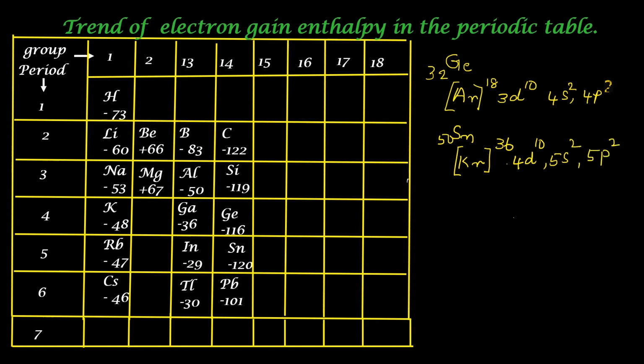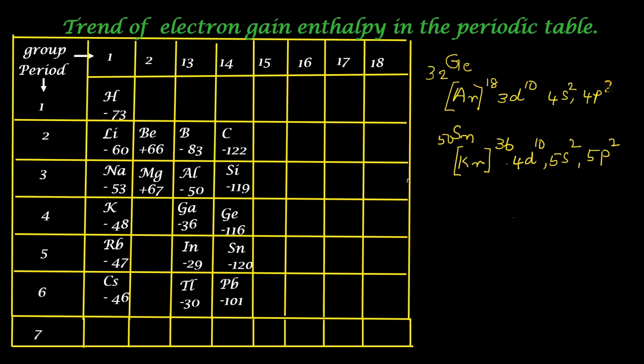Both of them belong to the d block. For tin, the electron gain enthalpy is more negative because the nuclear charge, as you can understand from its atomic number, is much greater than that of germanium. When nuclear charge increases, the electron gain enthalpy becomes more negative.